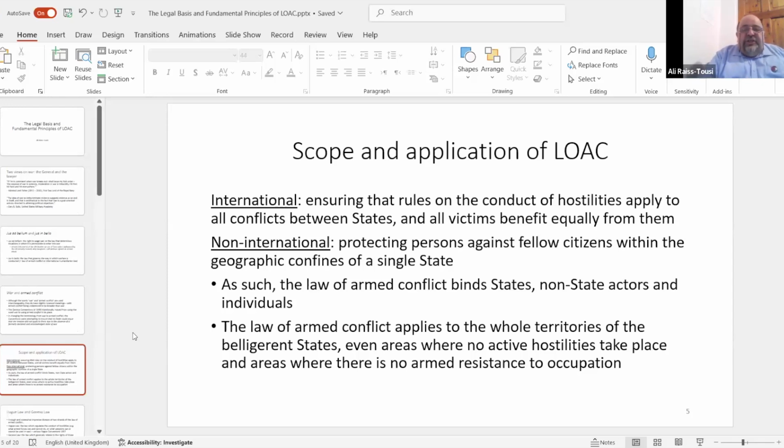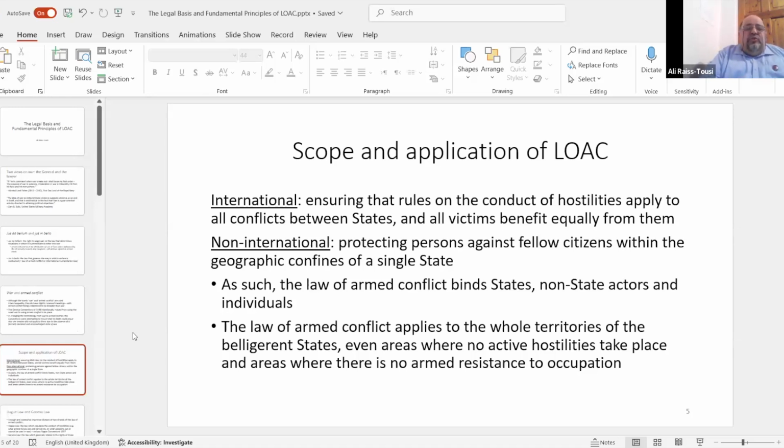The protections in international law are much better for international armed conflicts than non-international armed conflicts. And the reason is, in a non-international situation where the conflict happens within the territory of a single state, states would say it is a domestic affair under their own jurisdiction where they have full sovereign rights.